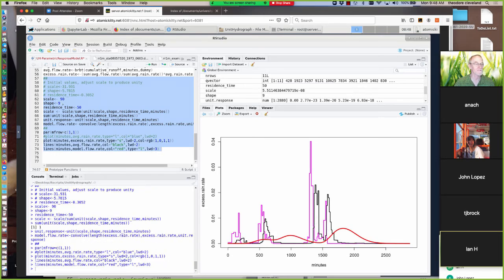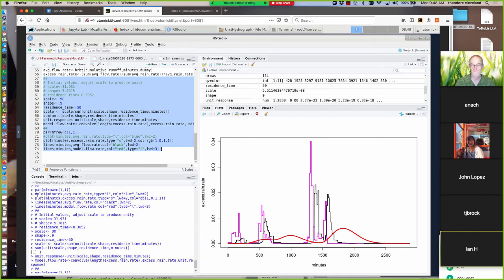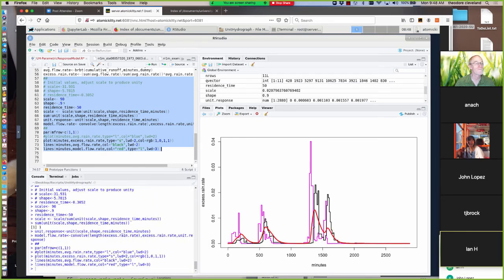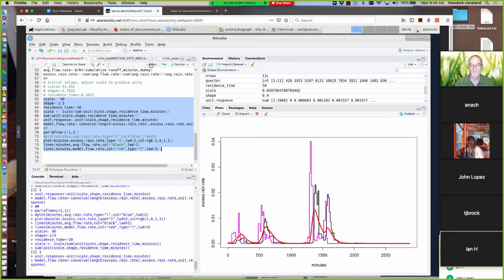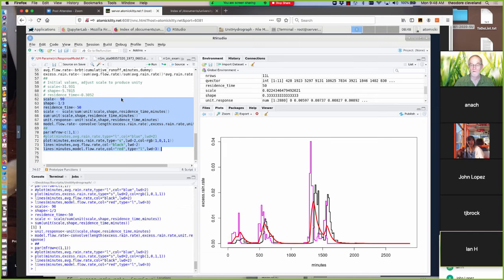Okay, so that's the wrong direction for shape. Let's go to a little bit less than 1. All right, I like that.